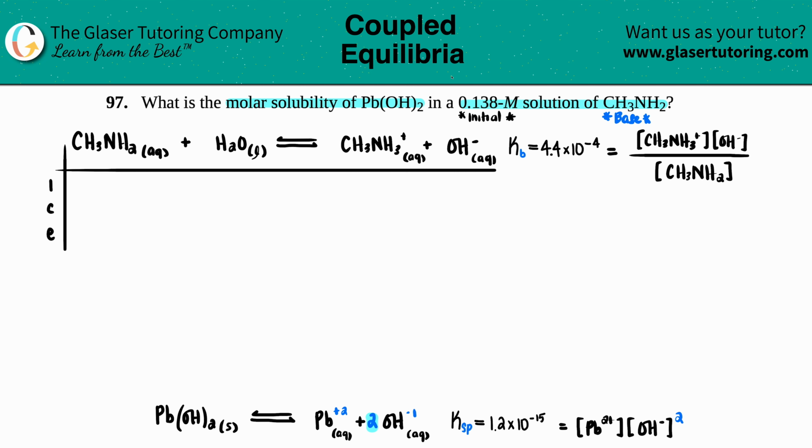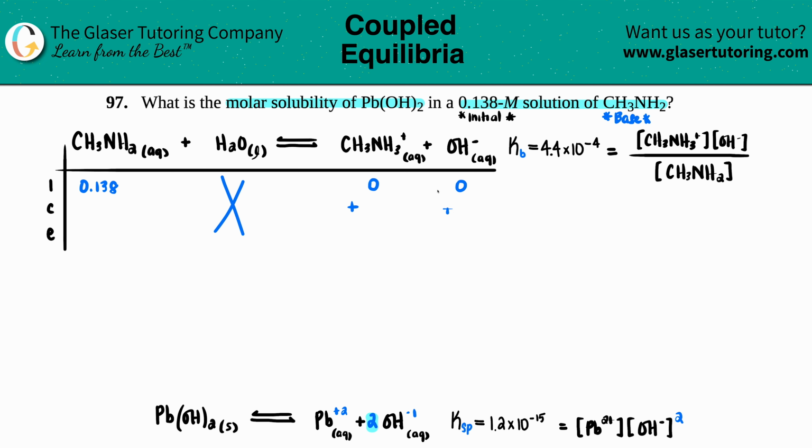Initially, for I, they only told us that we have 0.138 of methylamine, CH3NH2. So I'm going to put the 0.138 here. Water is liquid and has nothing to do with equilibrium, so get rid of that. But I didn't start with any of the products, so 0 and 0. You can only go up from the 0 side, so that side is always going to be positive.